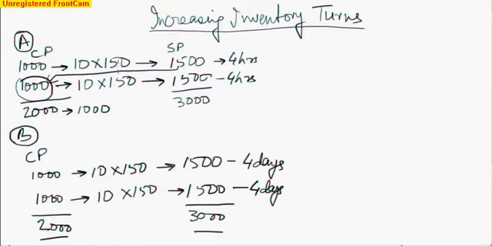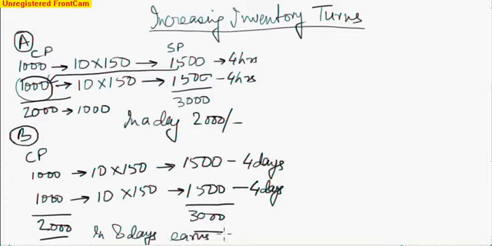So if you see the effective rate, in a day the first person earns 2,000 rupees, whereas the second person in 8 days earns the same 2,000 rupees.